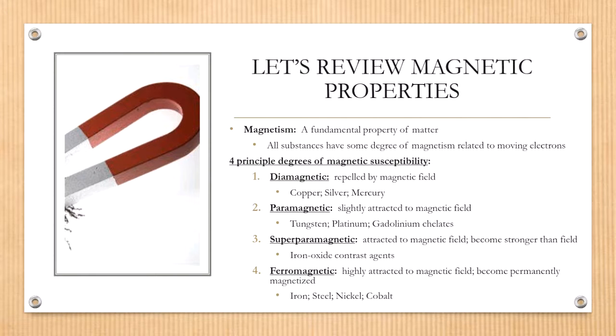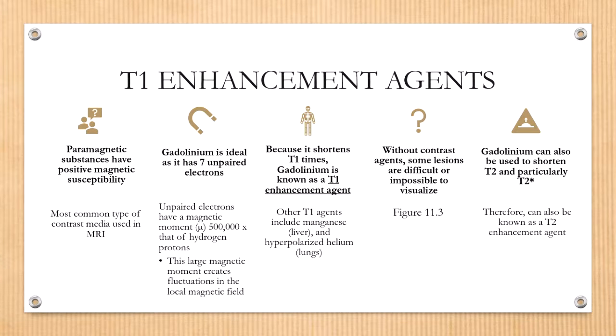And they technically should be considered T1 enhancement agents because they are paramagnetic substances. But you can actually use gadolinium as a T2 enhancement agent depending on the type of dosage that you use. But primarily, you will find that you're using gadolinium with T1 based sequences.